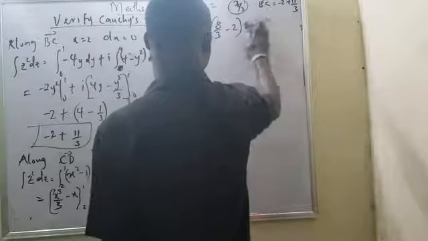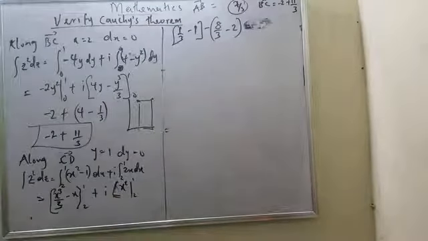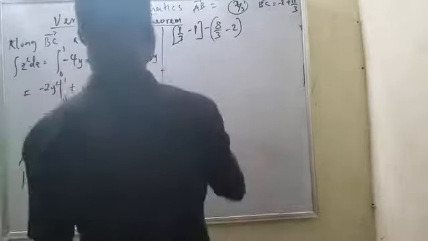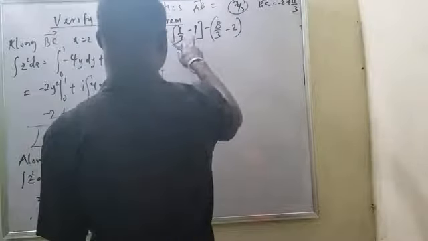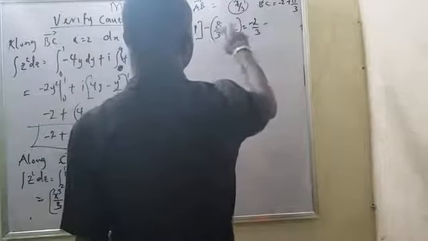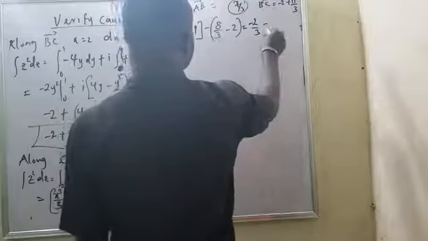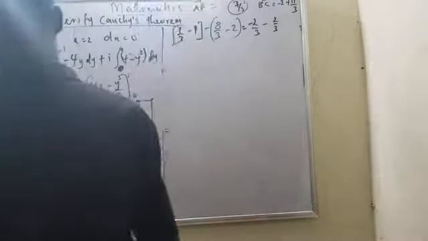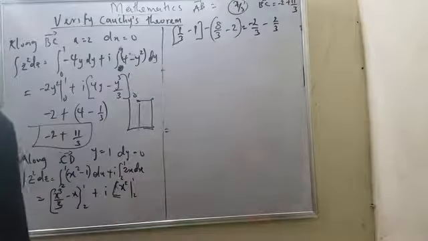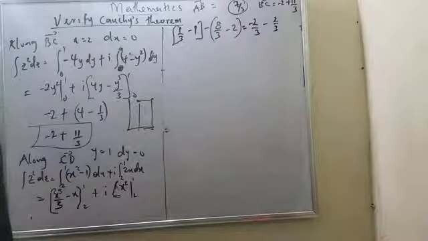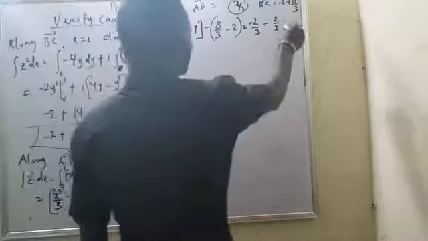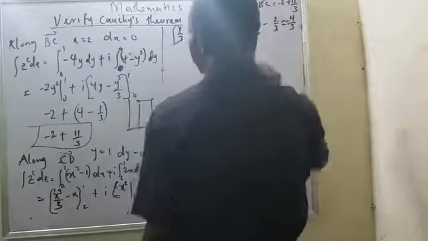Okay, let me first do the real part and then the complex part one by one. 8 over 3 minus 1, so I'll be having minus 2 all over 3 minus, this is going to be 6, that'll be 2 all over 3. Is there anything outside? No. So I'll be having minus 4 all over 3. That is the first one.